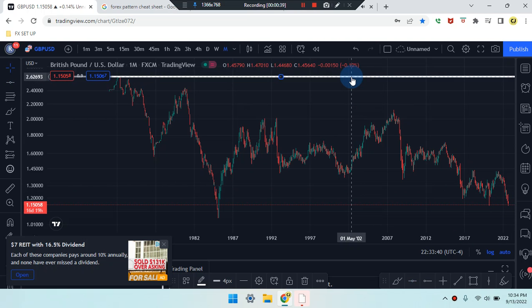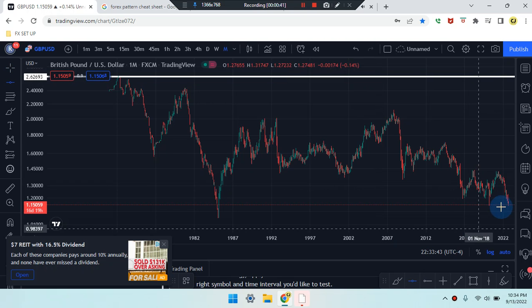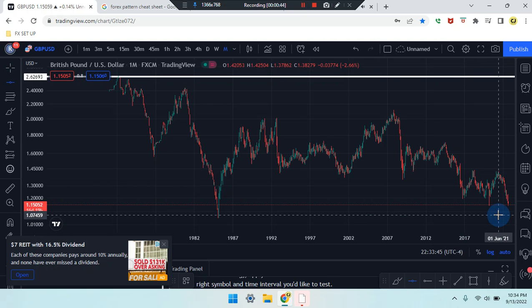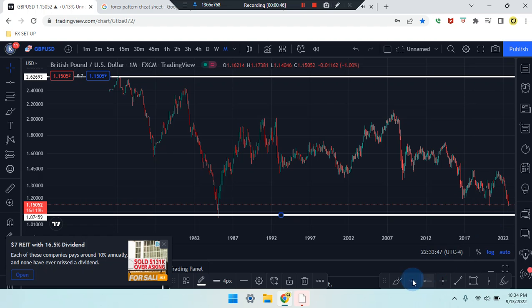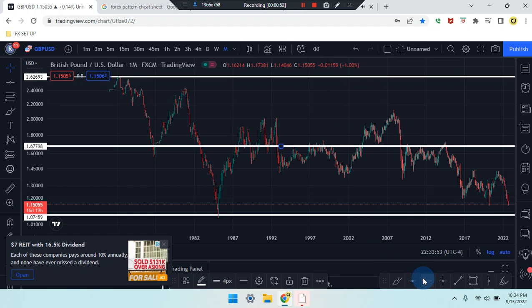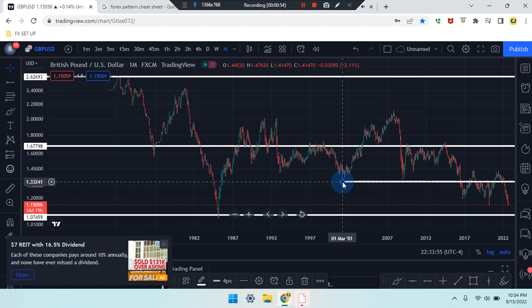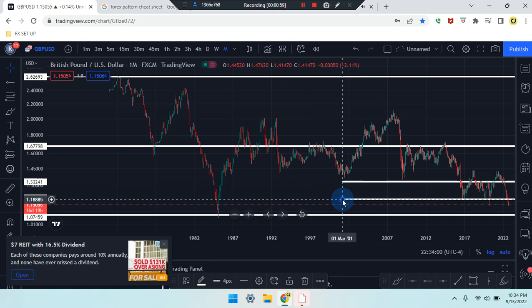Price action overall, higher highs, lower lows. Midpoint, also adding second level lows, also adding third level lows.